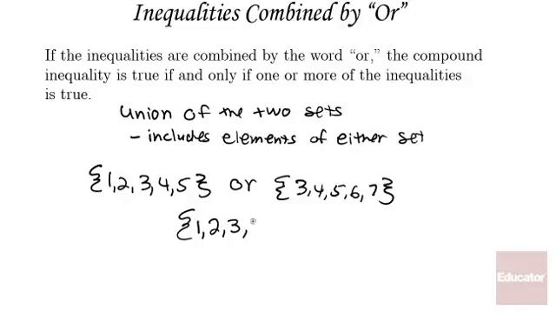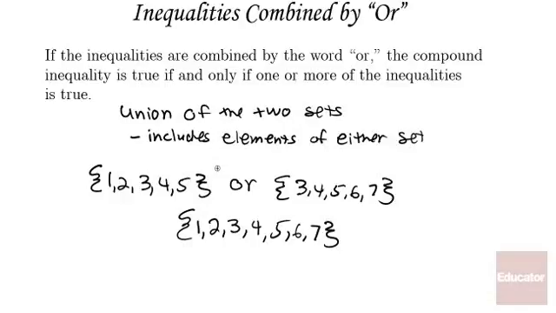I have a 4 in both, 5 in both. And this one also contains 6 and 7. So when we talked about compound inequalities joined by the word and, I only included that area of intersection. I only included elements that were in both. Now, when compound inequalities are joined by the word or, I'm going to include elements of both of the sets. They just need to be in one set or the other set, or they can be in both.